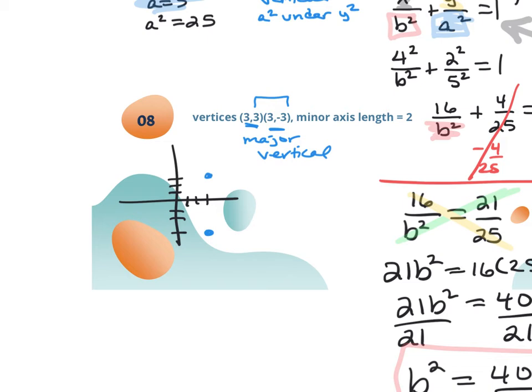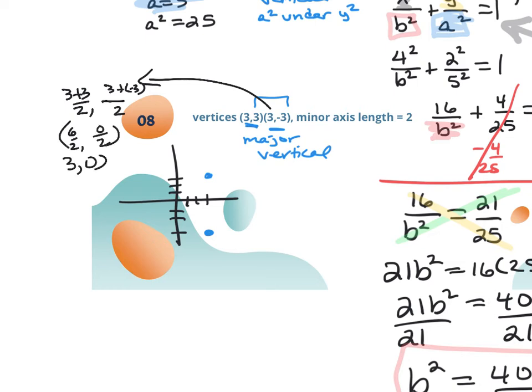To find my center point, I can take these two ordered pairs and do the midpoint formula: x1 plus x2 divided by 2, y1 plus y2 divided by 2 gives me 6 over 2 and 0 over 2. So the center point is the ordered pair positive 3, 0. This is my center. Remember, your center is the h and the k in the equation.